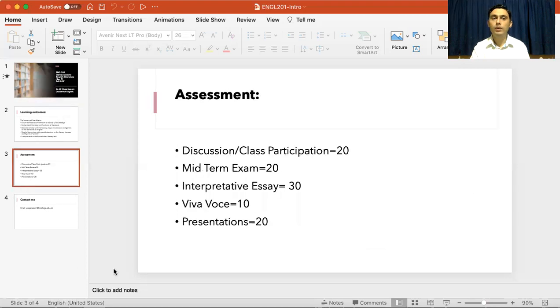Let's also have a look at the assessment criteria of the course, so you know how we will be evaluating the learning outcomes that I just shared with you on the previous slide. So the expectation from the students would be that they participate in class discussion.